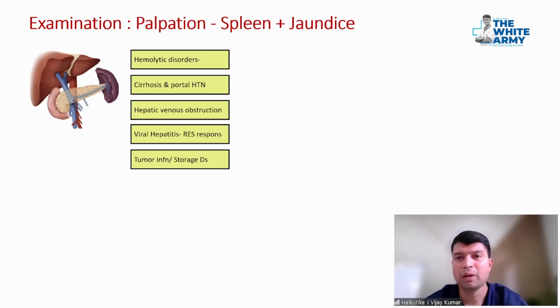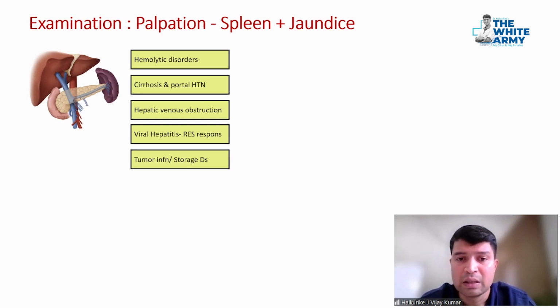Spleen may be part of the clinical findings in jaundice. In hemolytic disorders we see splenomegaly, but as I told before, the rise in bilirubin may not be very high; there is a very minimal rise. In cirrhosis and portal hypertension, splenomegaly is part of portal hypertension.